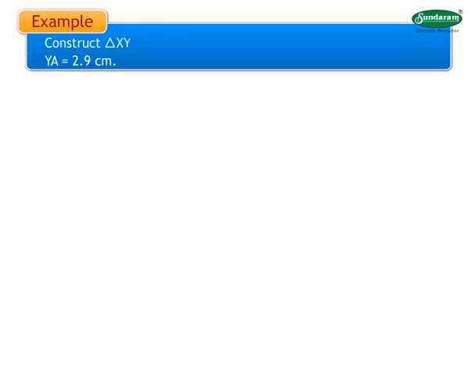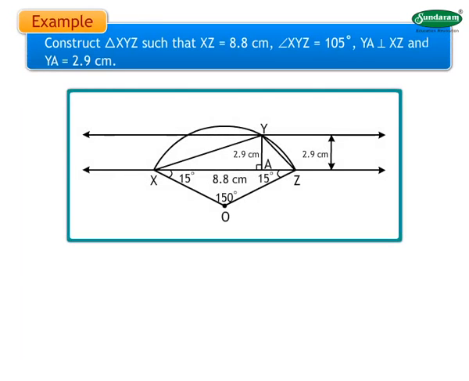Example: construct triangle XYZ such that XZ is equal to 8.8 centimeters, angle XYZ is equal to 105 degrees, YA is perpendicular to XZ and YA is equal to 2.9 centimeters.